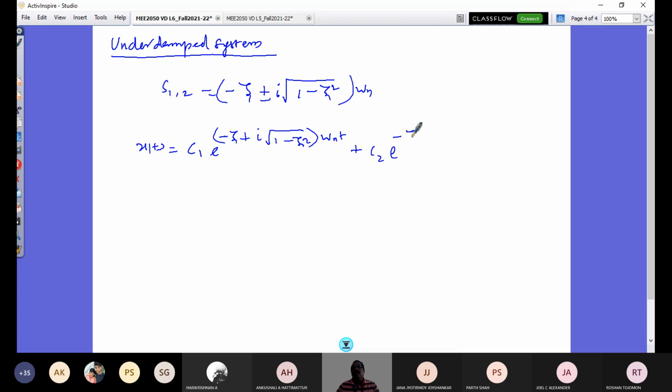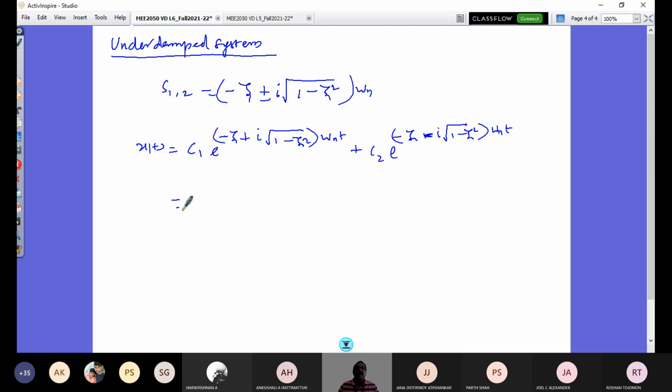That's going to be minus zeta minus i into under root of 1 minus zeta square into omega nt. So this is my response. I can look at it here again. I have a real part and I have an imaginary part. Then I know how to work with this, right?